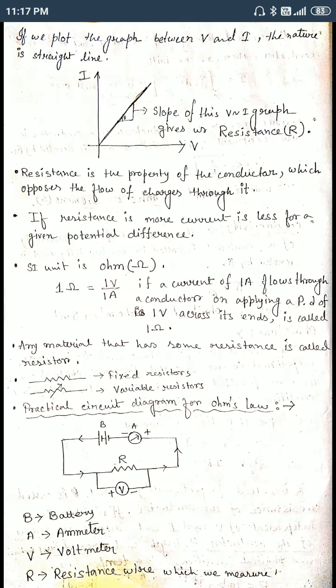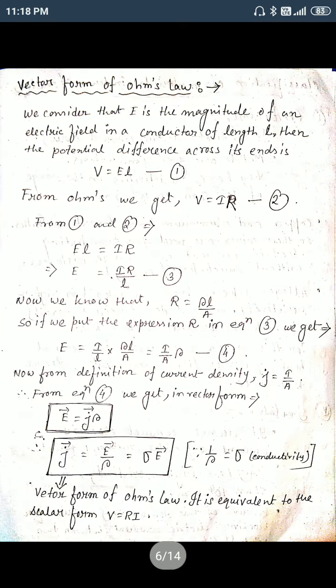Very little difference, they are almost equal to each other. So this is the practical purpose for which we use this diagram. And also if it comes in the exam that draw the Ohm's law circuit diagram, you can draw this circuit diagram. Clear? Okay.